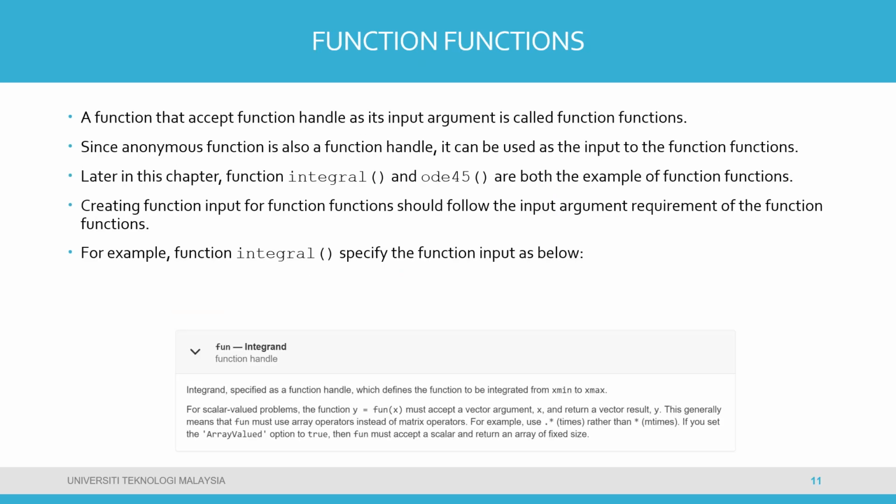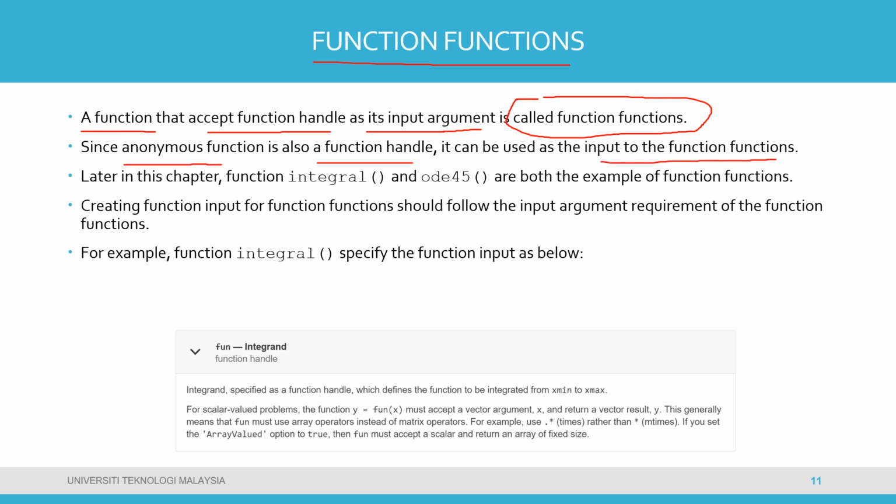So we move on to the next part of this study, which is functions. What is a function? It is a function that accepts a function handle as input argument. Since an anonymous function is also a function handle, it can be used as an input to a function.